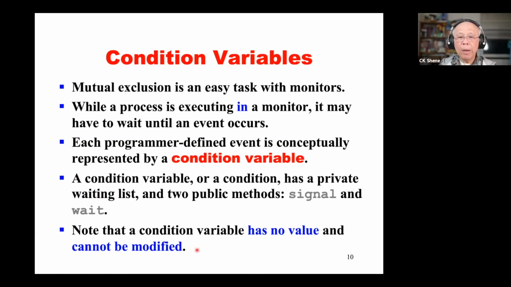Always remember, condition variables have no value and cannot be modified. A condition variable is simply used to represent an event. You wait on that event and are released from that event. There's no value or memory.